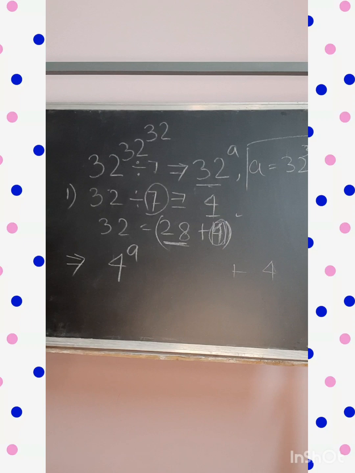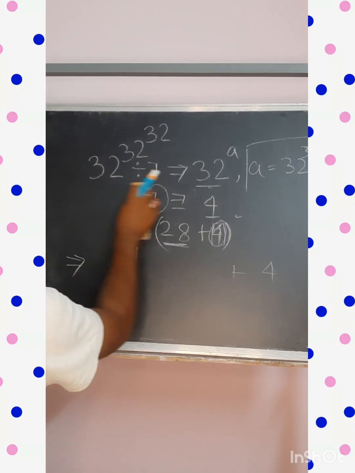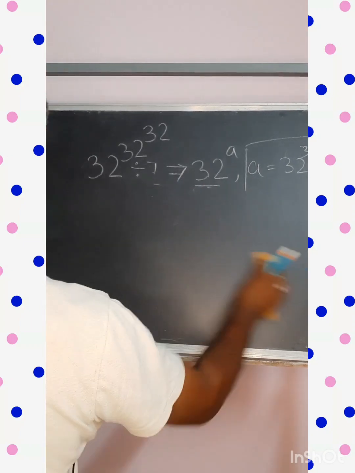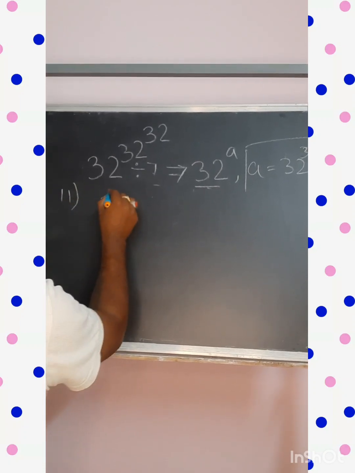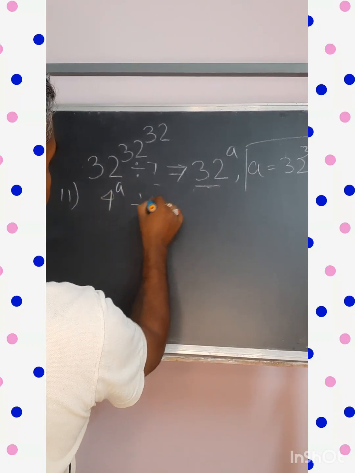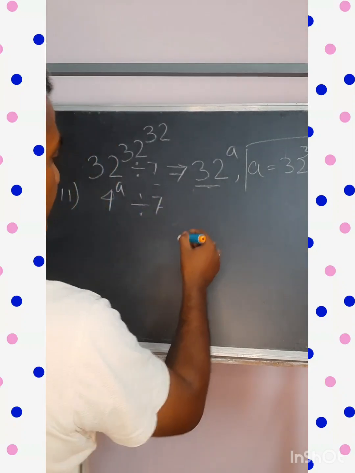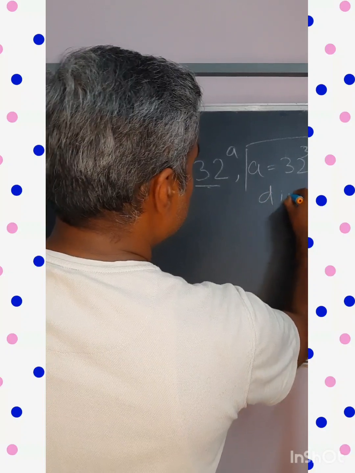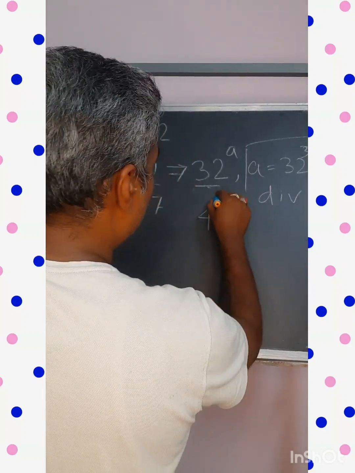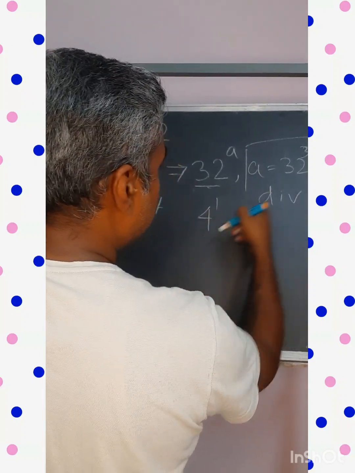So come to the next step. Now I have to concentrate on 4 to the power a, and that has to be divided by 7. Now I want to find one pattern. What is that pattern? Divided by 7, if it is 4 power 1, what is the remainder?